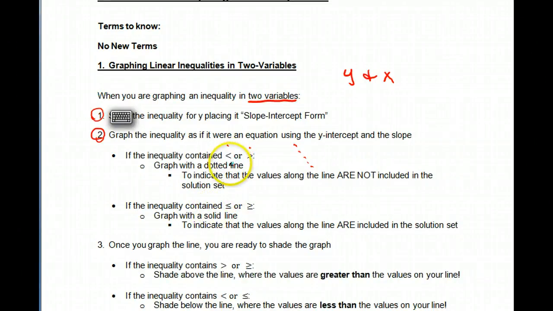Less than means any value below that number, but not including that number. Greater than would mean any number larger than, but not including that particular number. So the dashed or dotted line indicates that the values that lie on that line are not included in the solution set.